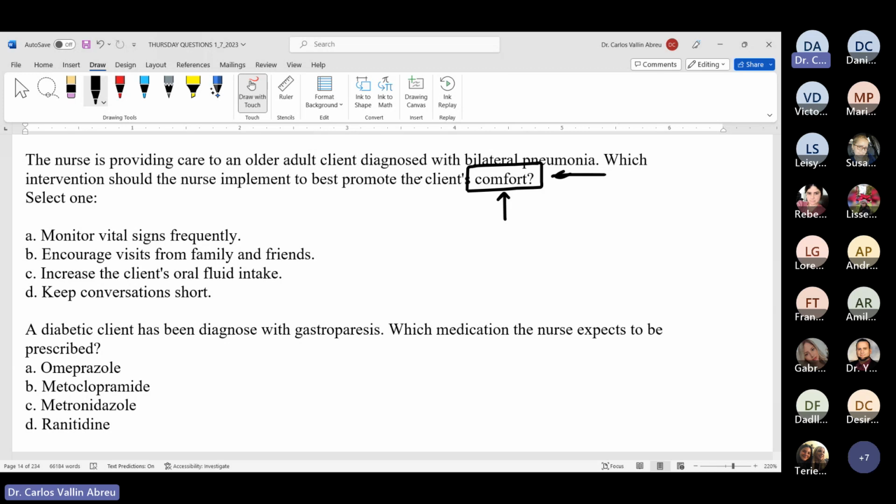The client has bilateral pneumonia, and the issue is comfort. So what do you think is the best that you can do for this client for comfort? D, as in David. Of course. You are clear, okay?